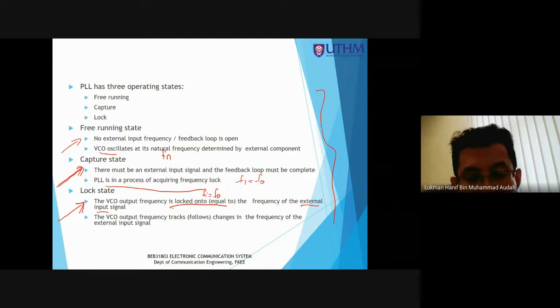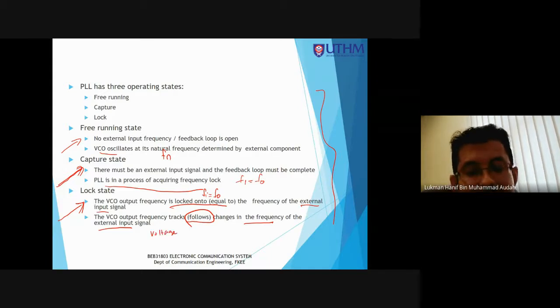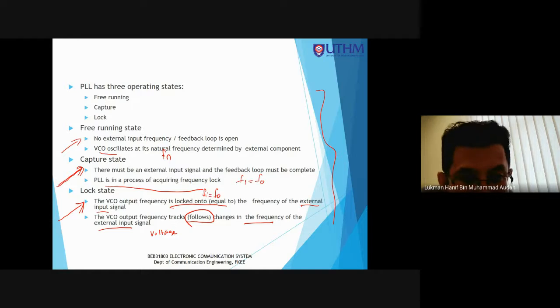Barulah berlakunya banyak looping proses. So VCO output frequency follows the changes of the input frequency, and it will produce an output signal dalam bentuk perubahan voltage. Okay. So itu adalah berkenaan dengan PLL.